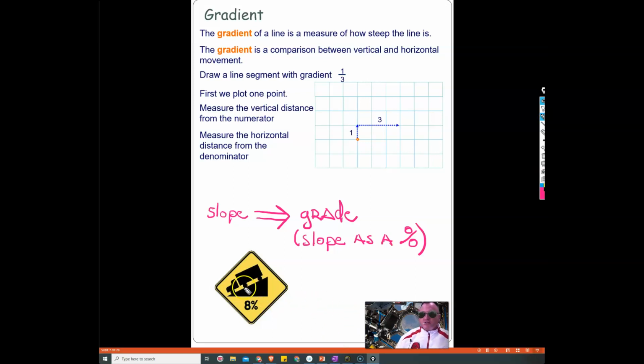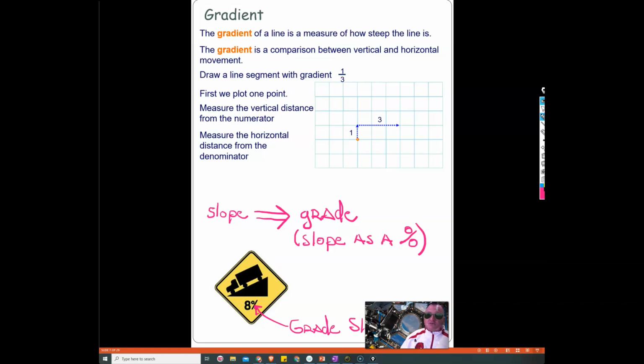So you see these grade yellow warning signs when you're driving around Flagstaff, and what this 8% is here, that's telling you what the slope is as a percentage. So that is what's known as the grade. That is the slope of the mountain or the slope of the road as a percentage.